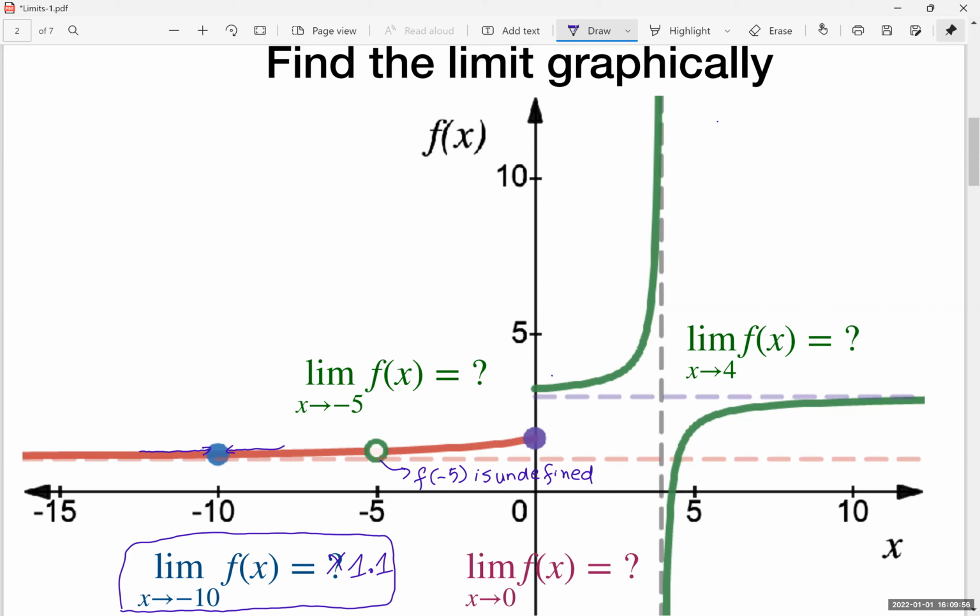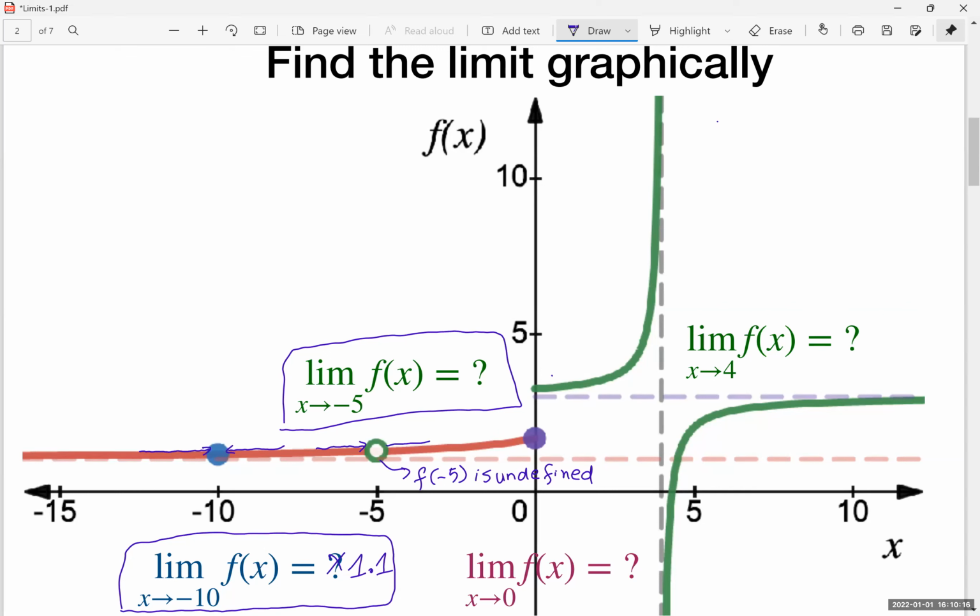But the question is not about the value of the function, it's about the limit of the function when x goes to -5. So again, if we look at the graph as x goes to -5 from the left, the function approaches the green circle.